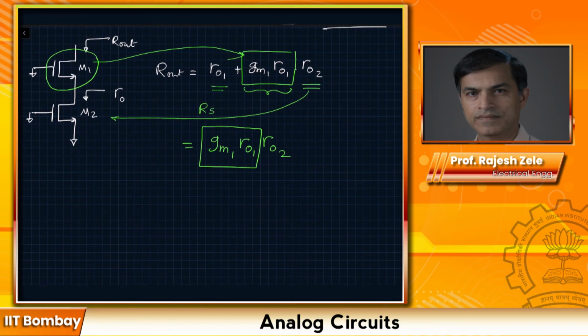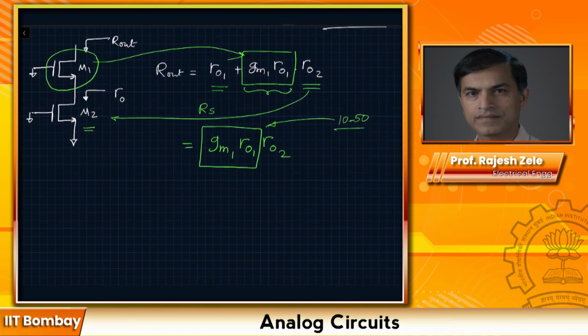We are multiplying the output resistance of transistor M2 by the self gain of transistor M1. And as we have seen earlier, this number can be 10 to 50 depending upon what you design. So you can see that suddenly we have increased the output resistance looking down 10 to 50 times depending upon the self gain of the transistor, which is GM-R out.